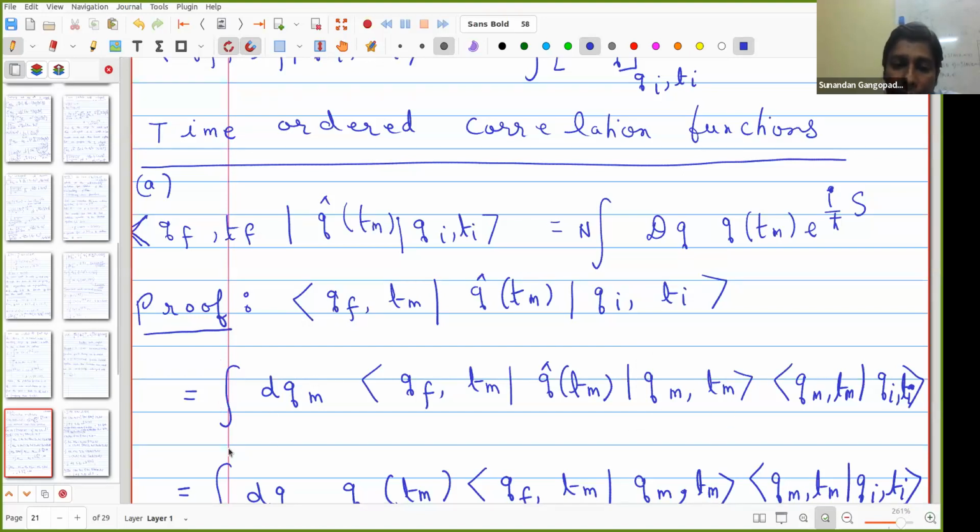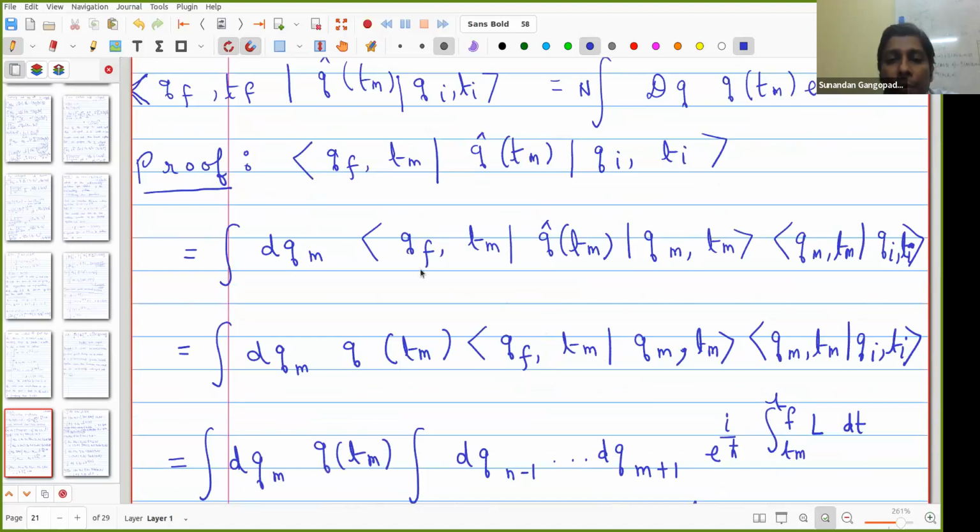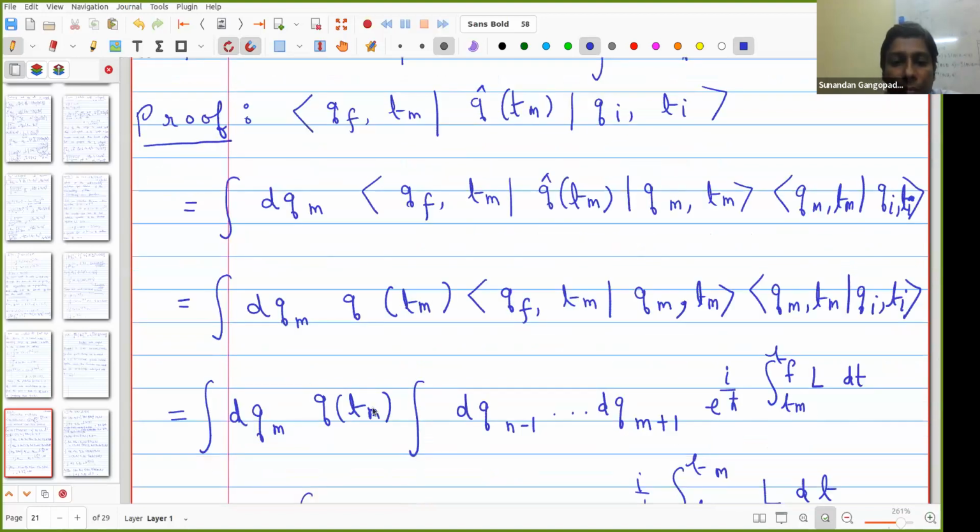The qm again runs from minus infinity to plus infinity. So I have q hat at tm acting on qm at tm, and then the overlap of qm tm with qi ti. Now q hat at time tm, when it acts on this state, gives you the eigenvalue q at tm. So this eigenvalue comes out, the operator is gone, and everything in this step is an ordinary function. So you have q at tm, along with the overlaps of qf tf with qm tm, and qm tm with qi ti. So this is the expression.